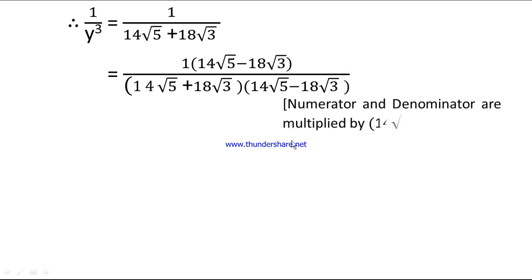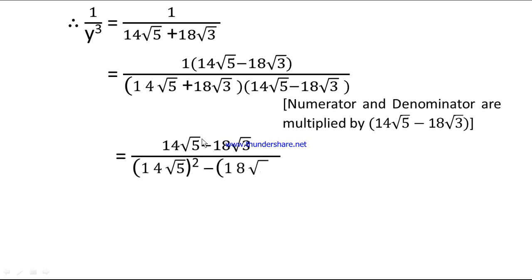The next line will be 14 root 5 minus 18 root 3 by (14 root 5) square minus (18 root 3) square. Here I have used the a square minus b square formula.